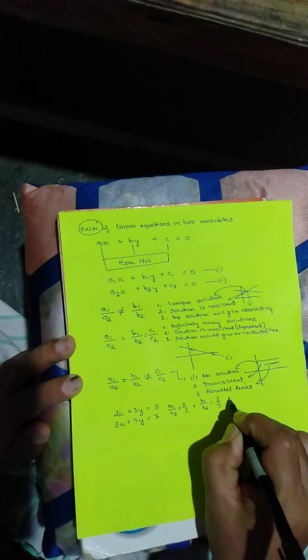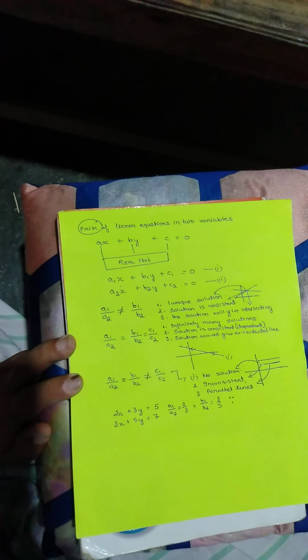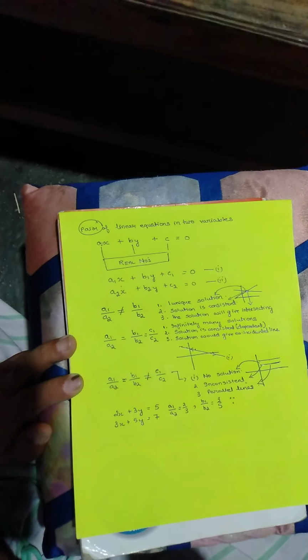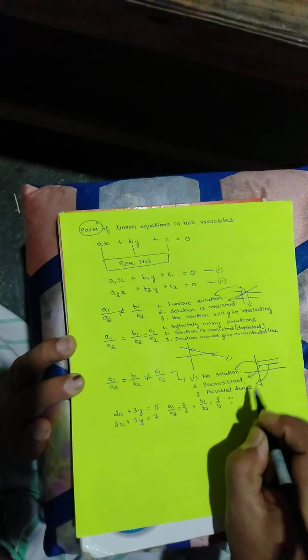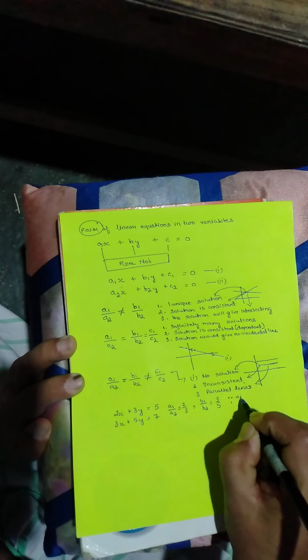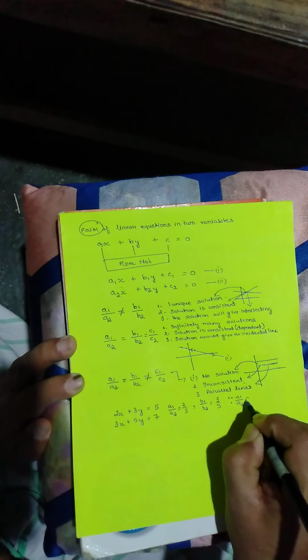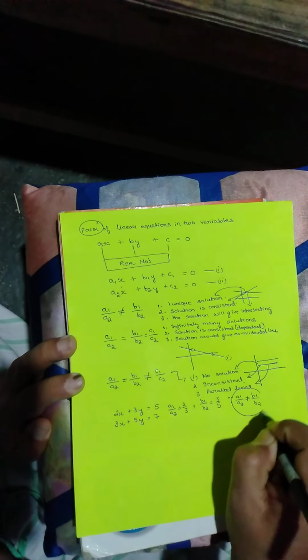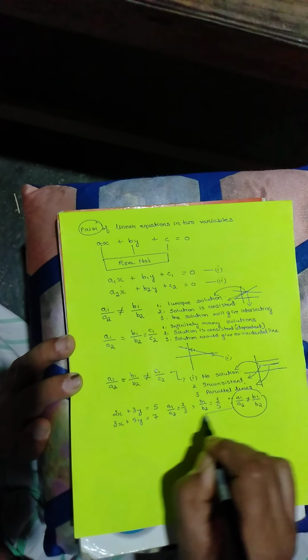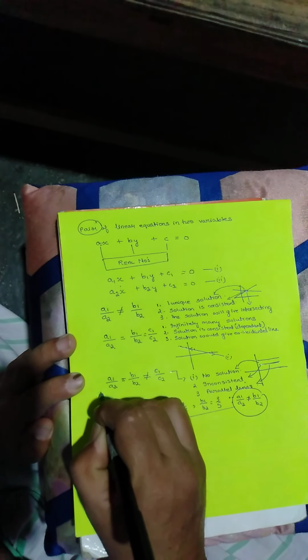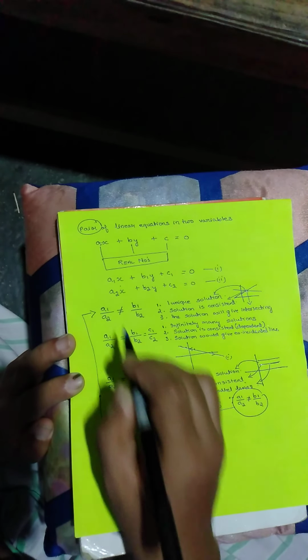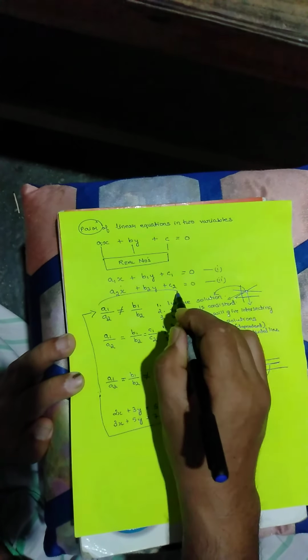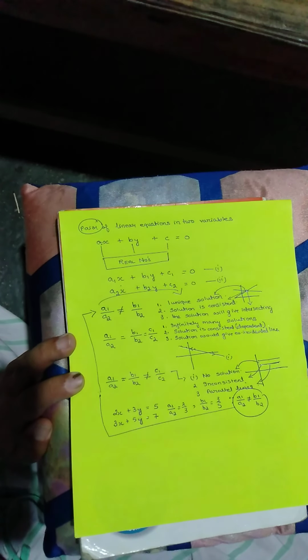Why? Because since a1 upon a2 is not equal to b1 upon b2, this one would give you the first set of conditions.